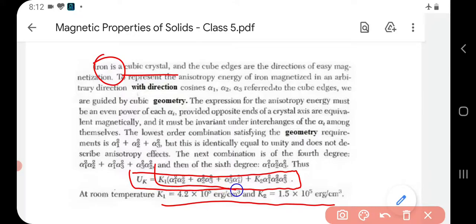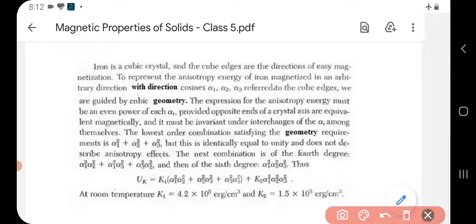This one is the fourth degree combination. This is the sixth degree combination. So just mention the crystal type, then the direction of easy magnetization, and then directly write the expression for anisotropy energy. That is enough. Okay, thank you.